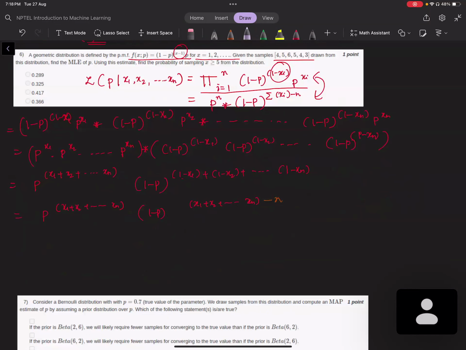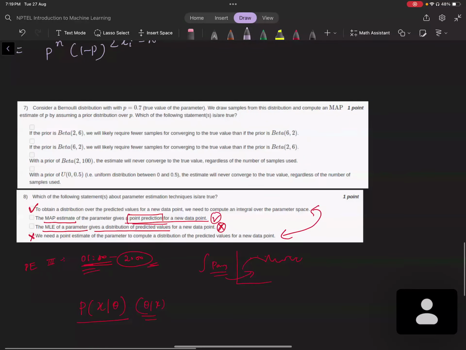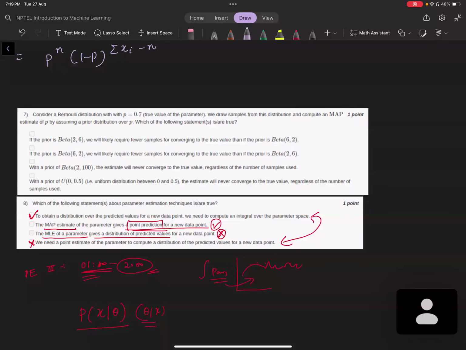So this will lead to P to the power n, 1 minus P to the power summation of xi minus n. This is the likelihood function.